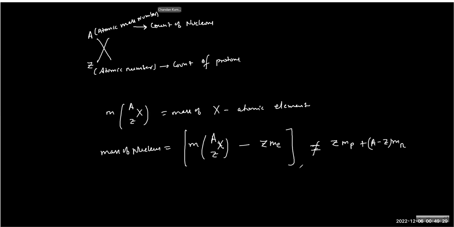Yes, because the creation of any entity in the universe is a result of attaining a better, or you can say lower, energy configuration. So the rest mass will change, and that is the loss of rest mass in the transformation process from the nucleons to the nucleus or vice versa.